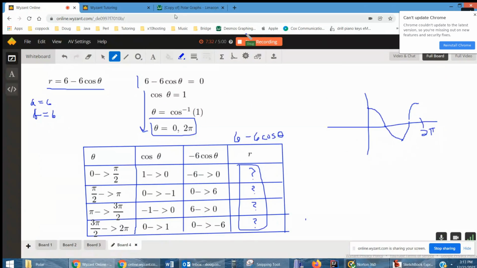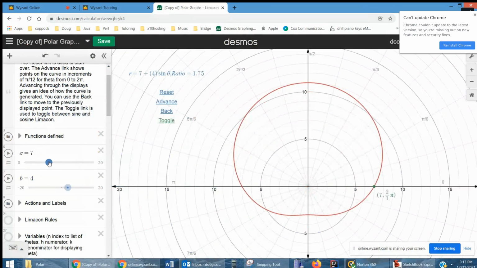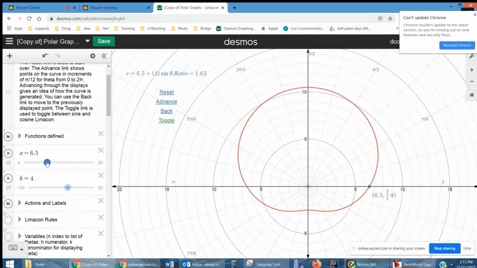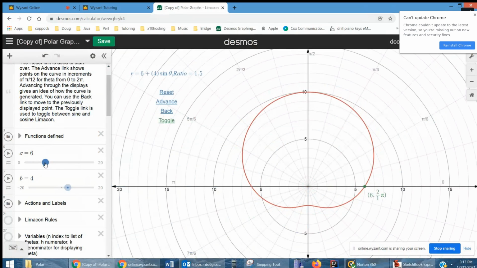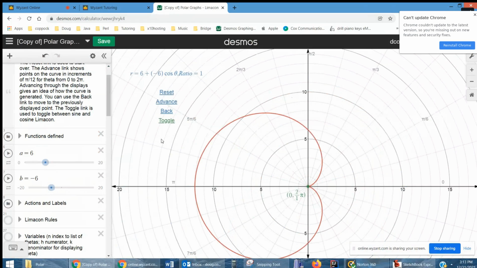Okay, so if I go back to Desmos and change A to 6 and B to negative 6, there's your cardioid, but it's for sine. Toggle it to go to cosine. There's your limacon, or your cardioid.